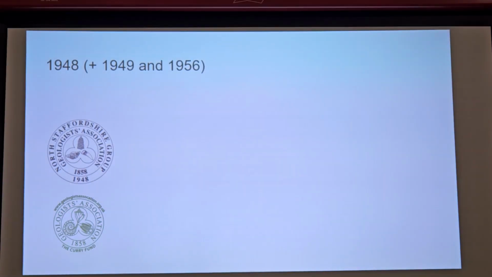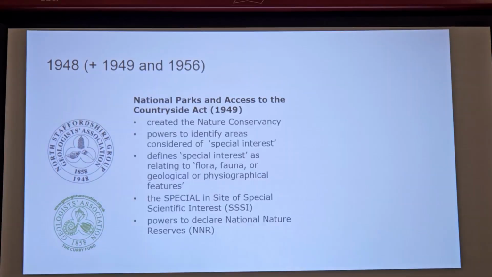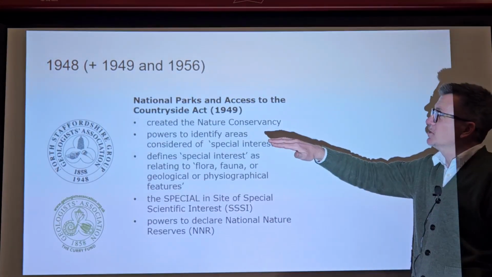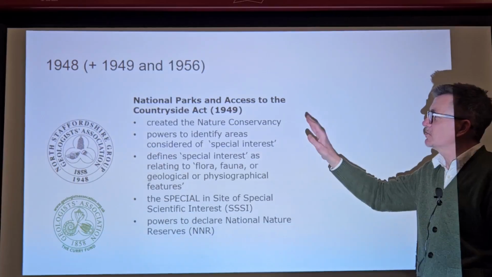Right, so 1949. This is a consequence of everything that's in here, which is the identification of the value placed on our nature and geology within our nature. It led to the establishment of our nature conservation legislation, the National Parks and Access to the Countryside Act.